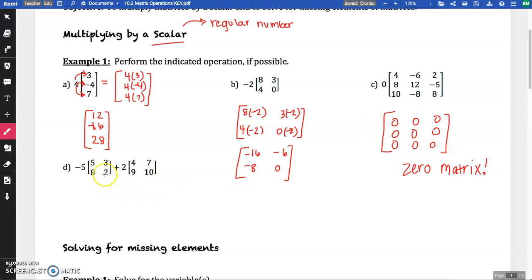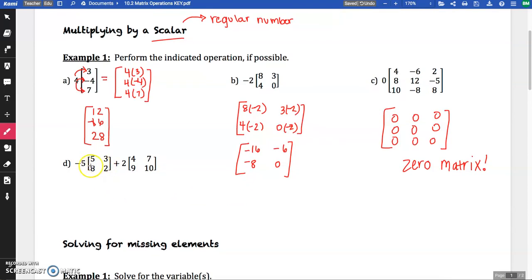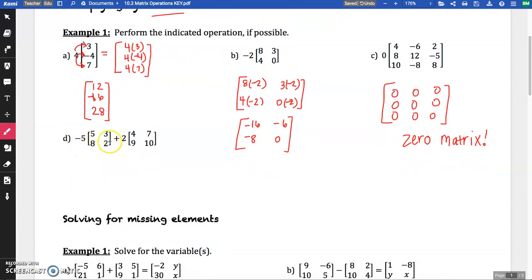And then our last one, we're going to combine a couple operations. So we'll multiply and add. And just like regular operations, we're going to follow our order of operations. So we'll need to multiply first. So for this first matrix, I'm going to multiply each entry by negative 5.